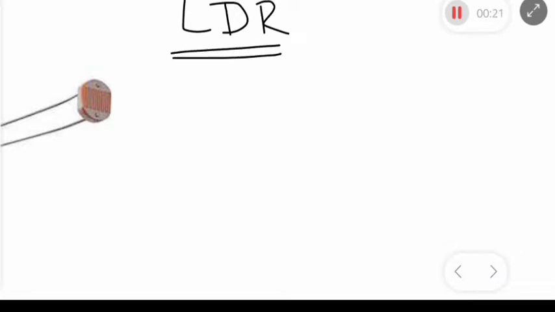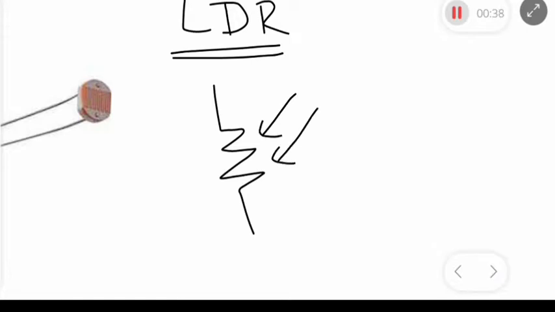But the only difference between this resistor and an ordinary rheostat is that the resistance of this LDR can only be varied by light, which means it's only the brightness of the light that determines its resistance. So you can vary the resistance of this particular resistor within its rated range using a light.